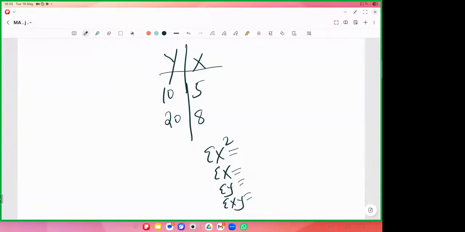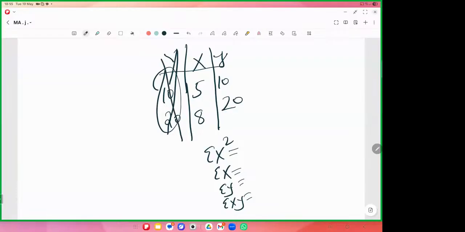So sum of X squared, can somebody give me the sum of X? You see, when they start with Y, you must interchange these things. Come and create another column here of Y. You repeat this column, 10, 20. That is how the calculator is programmed. It is always X comma Y.